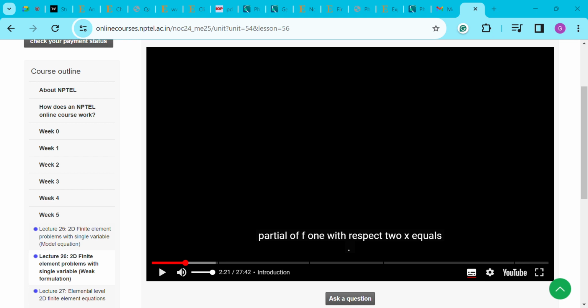Actually, we will use it somewhere. We have this Ku equal to F form, right? So this term goes to F, the right hand side.